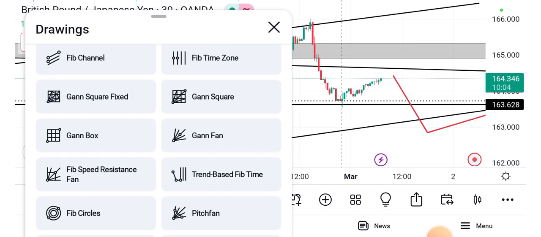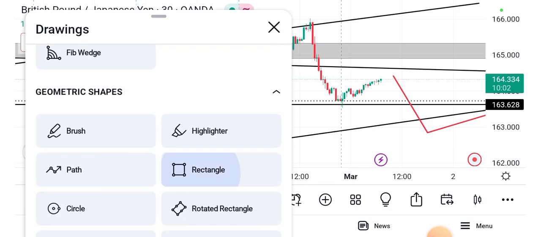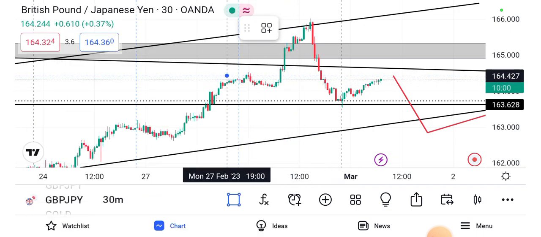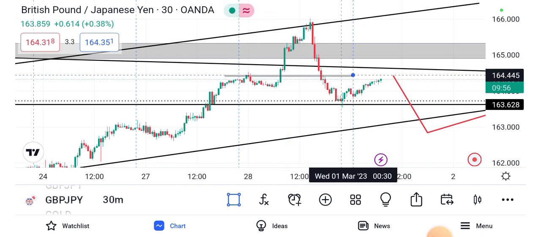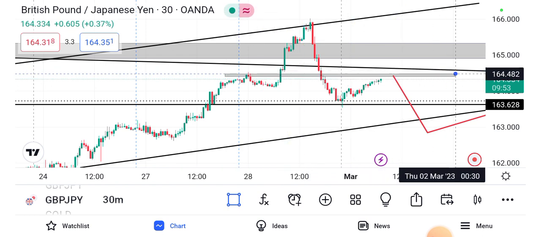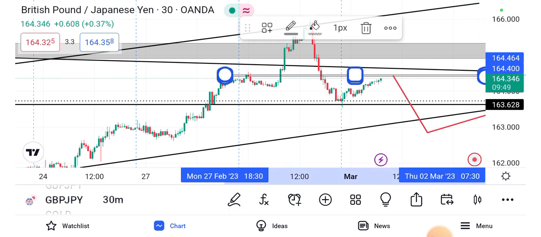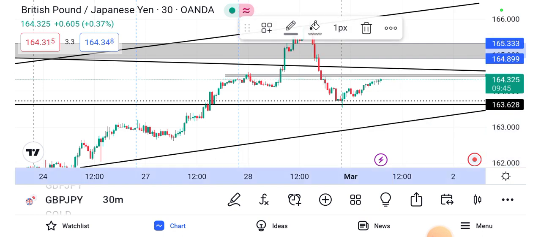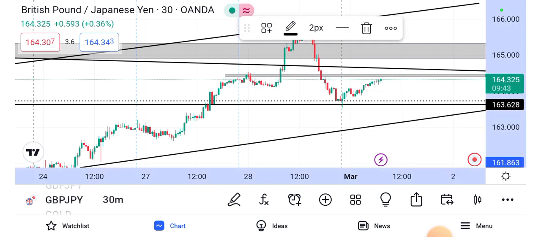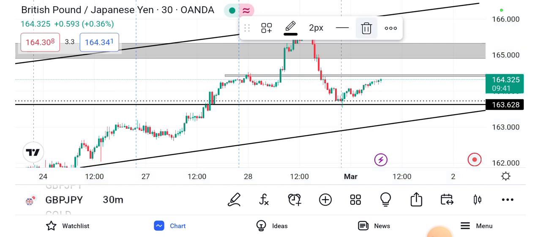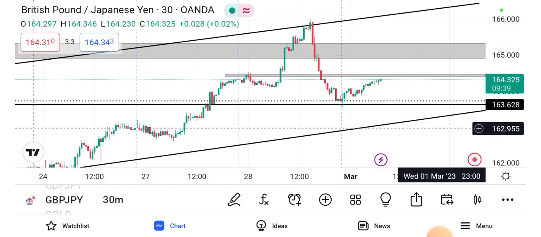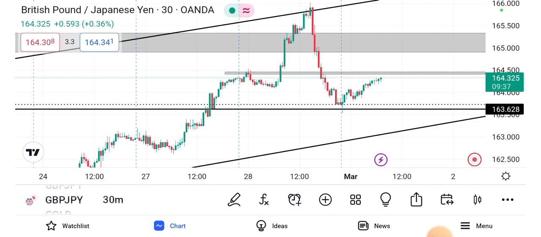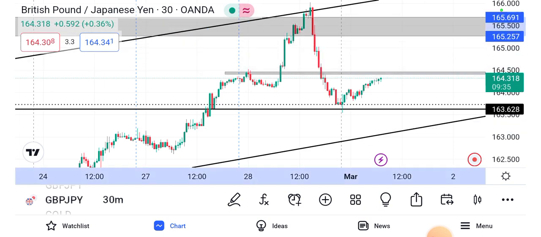So basically I'm going to highlight the highest point of my left shoulder, right? So this is where I'm going to highlight, at this level. Let me remove this because they're messing up the chart. Also this level right here, right guys? Let me adjust this thoroughly.